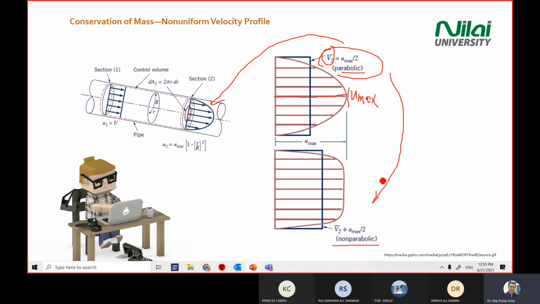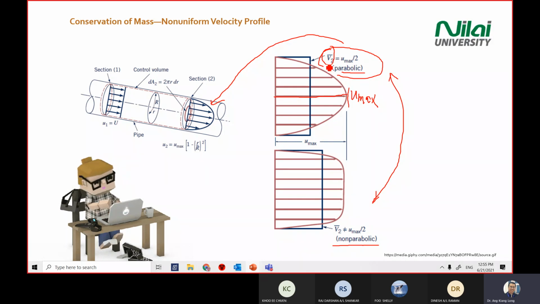Okay, important. This one might be asked in the final exam. It will ask you to explain how you can tell whether the velocity profile is parabolic or non-parabolic. Prove this phenomenon. So you need to develop the equation from the diagram, and then from the final answer itself, you predict whether it's parabolic or non-parabolic.